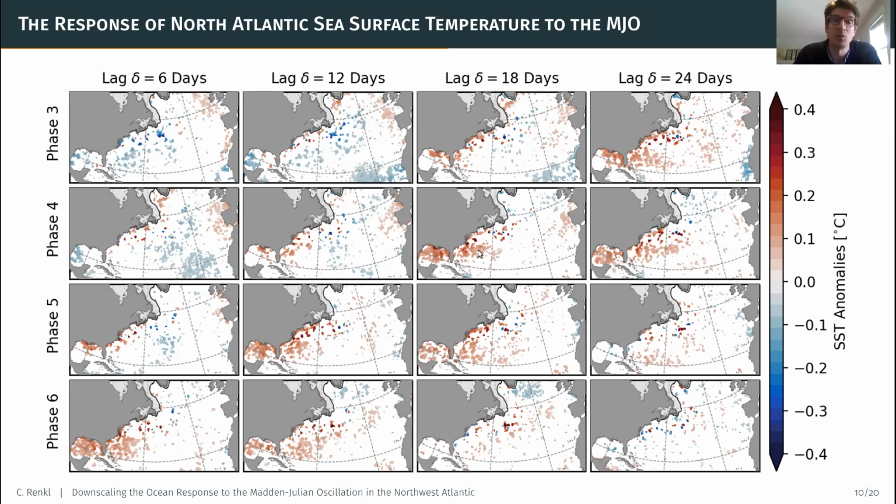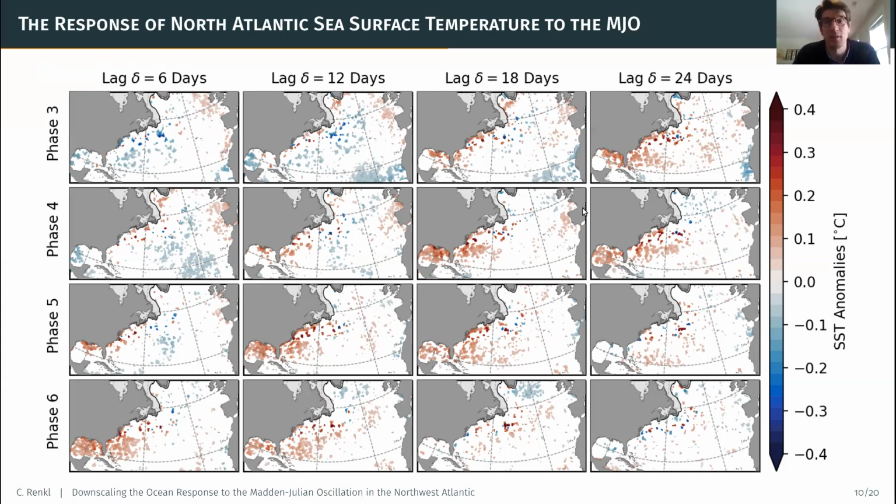And this just has to do with the quasi-periodicity of the MJO, where, as I said, the MJO spends approximately 6 days in each phase. And phase 4 comes after phase 3. So a lag of 18 days roughly corresponds to the same as 24 days after phase 3.